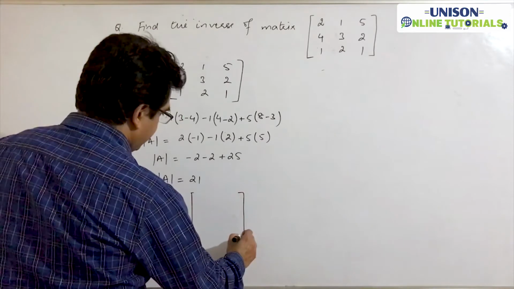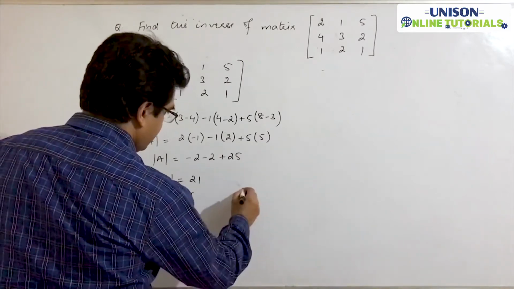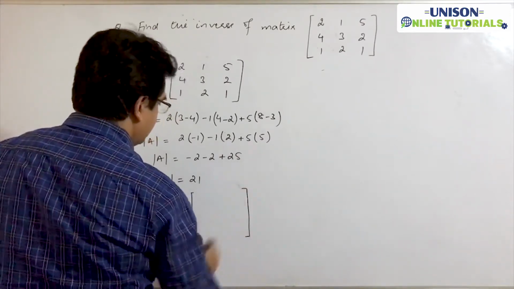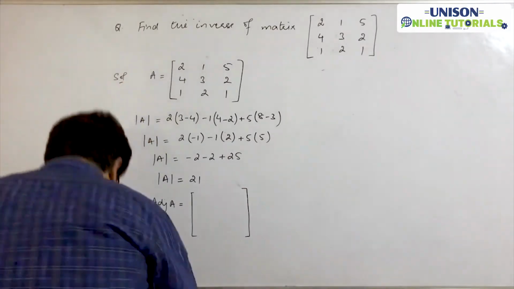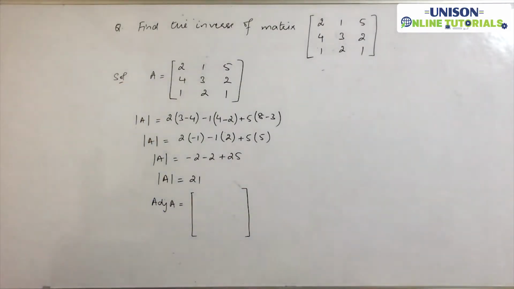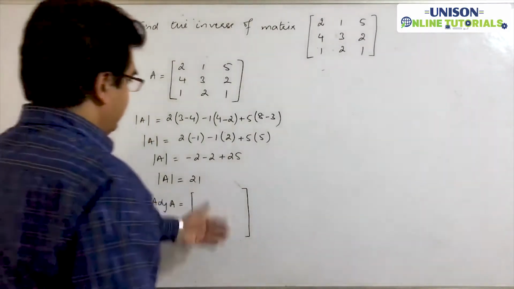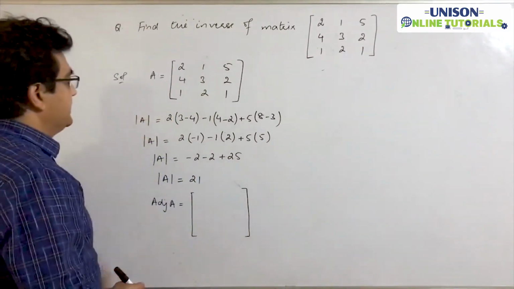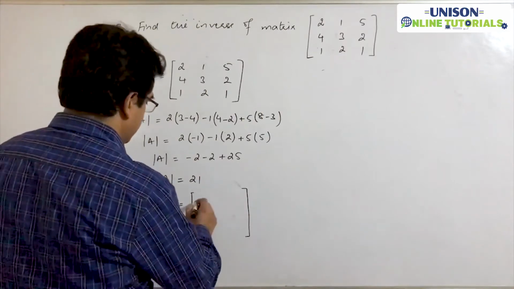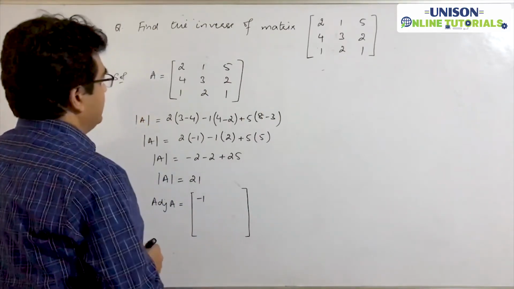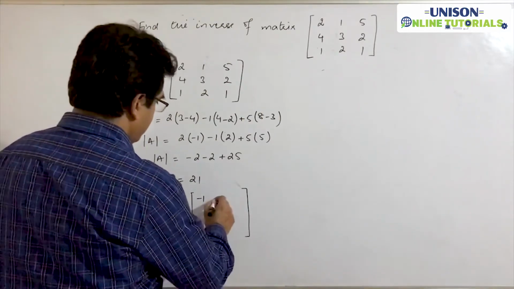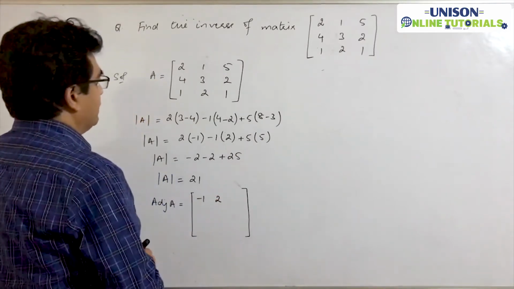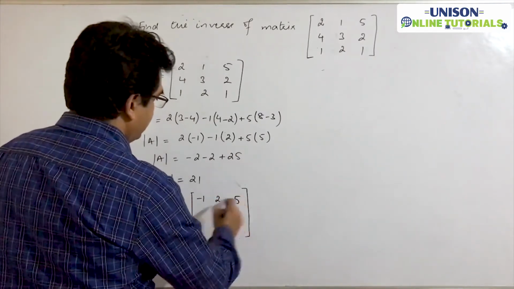Now let's find the adjoint of the same matrix. First we find the minors, then cofactors, then I will take its transpose. So what is the minor of 2? It is minus 1. Minor of 1, it is 2. Minor of 5, it is 5.